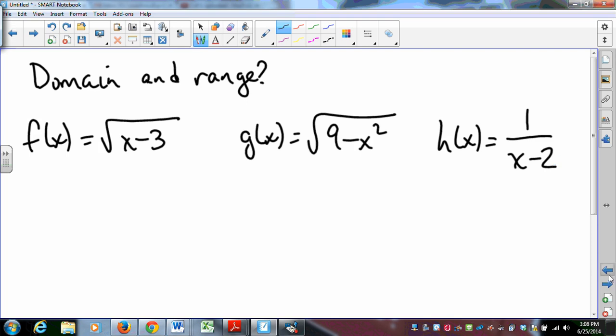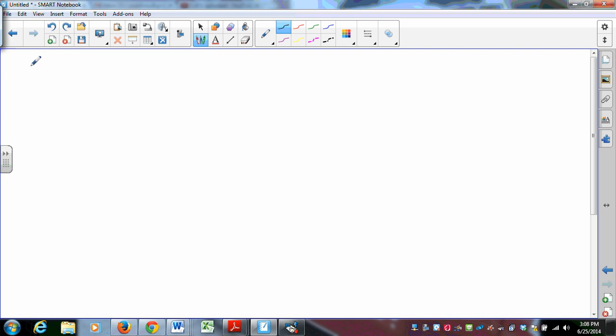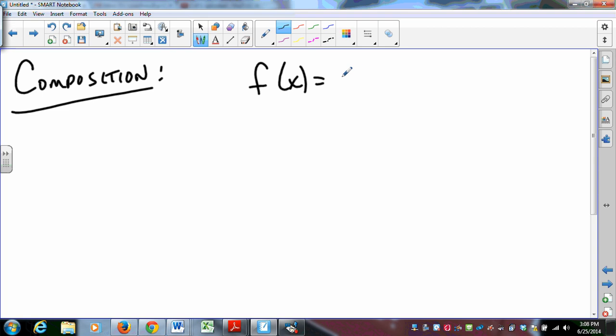One other thing to think about. Well, two other things to think about. The idea of composition. So let's pretend that I have two functions. One of them is x plus 4, and the other of them is x squared minus 1.